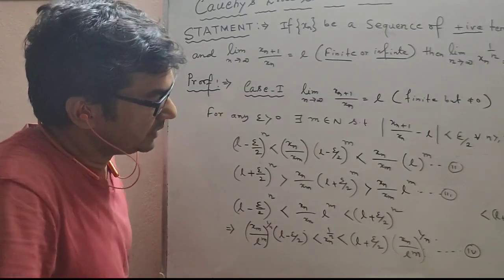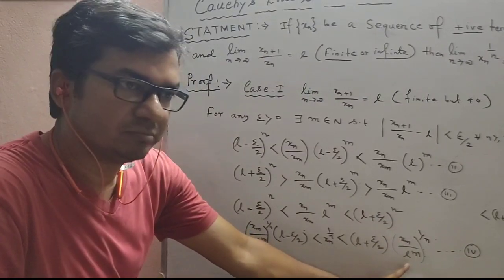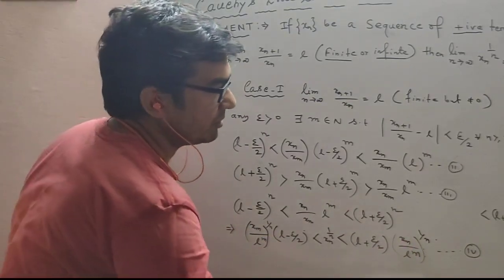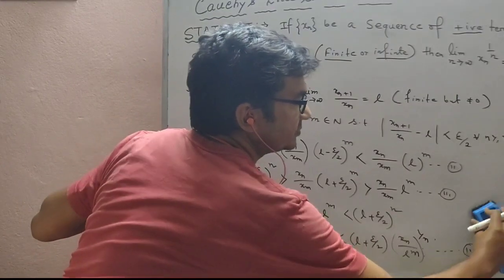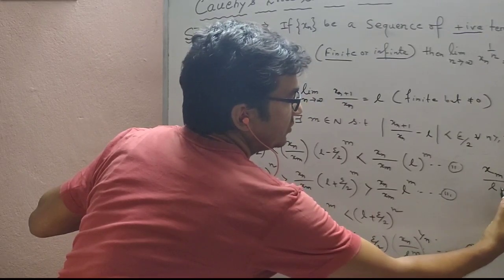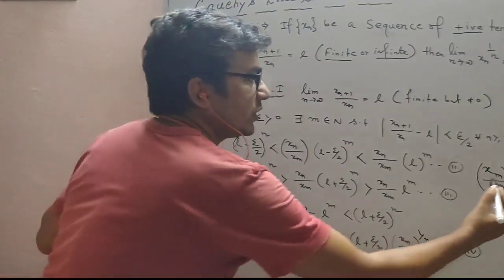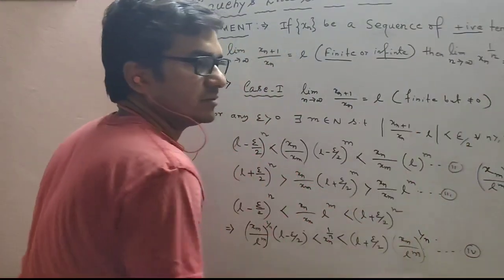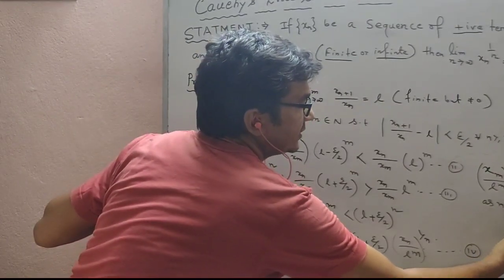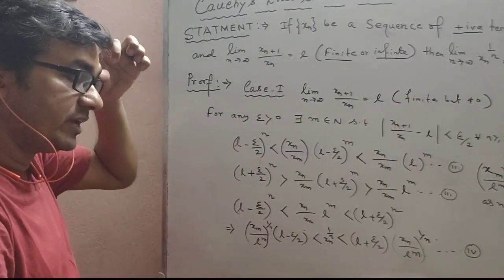Here xm by L to the power m is a fixed number. So this to the power 1 by n tends to 1 as n tends to infinity.